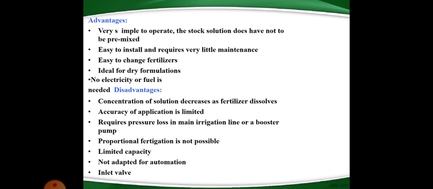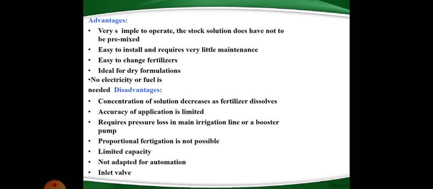There are some advantages. Very simple to operate. The stock solution does not have to be pre-mixed. It is easy to install and requires very little maintenance. Easy to change fertilizers. This is ideal for dry formulations. No electricity or fuel is needed.